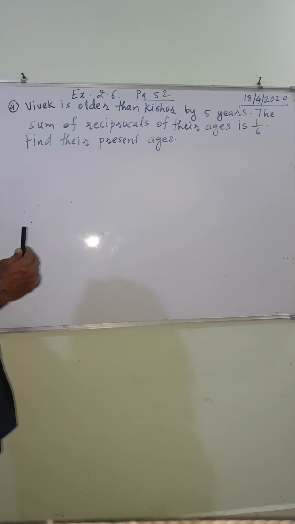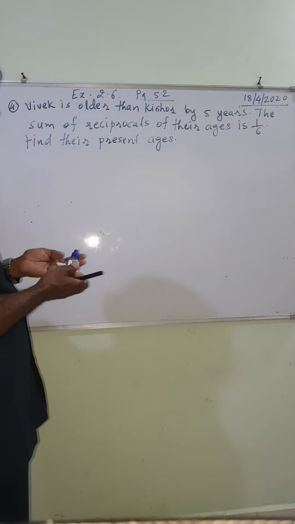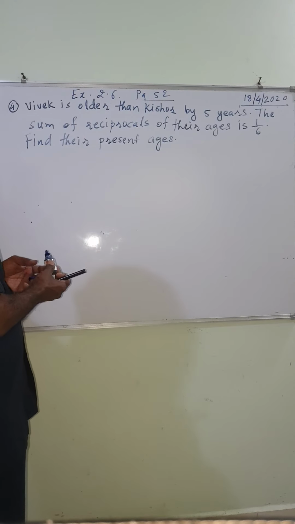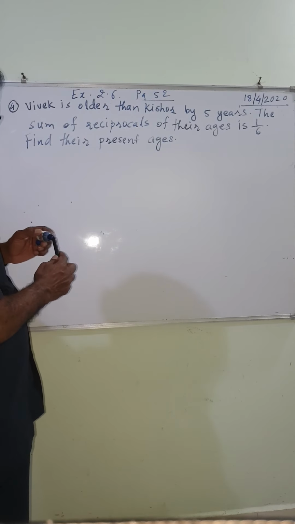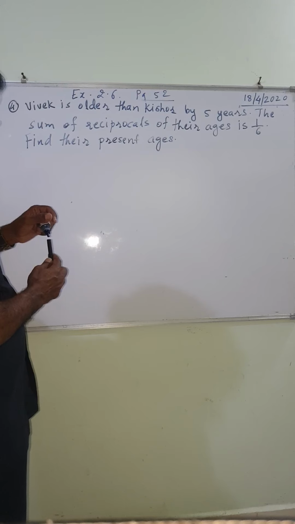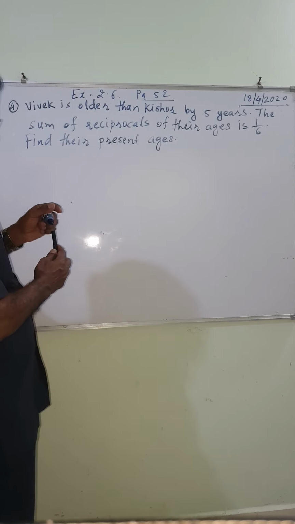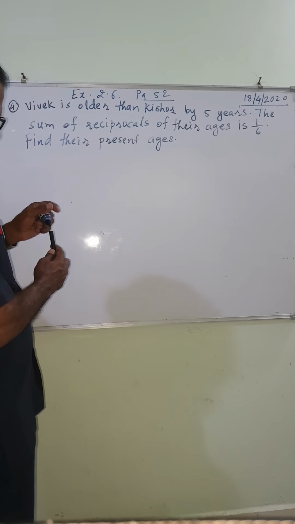So we assume the age of Kishore to be X. Vivek is elder by 5 years. Therefore, if the age of Kishore is X, then the age of Vivek will be X plus 5. Reciprocal of Kishore's age will be 1/x.